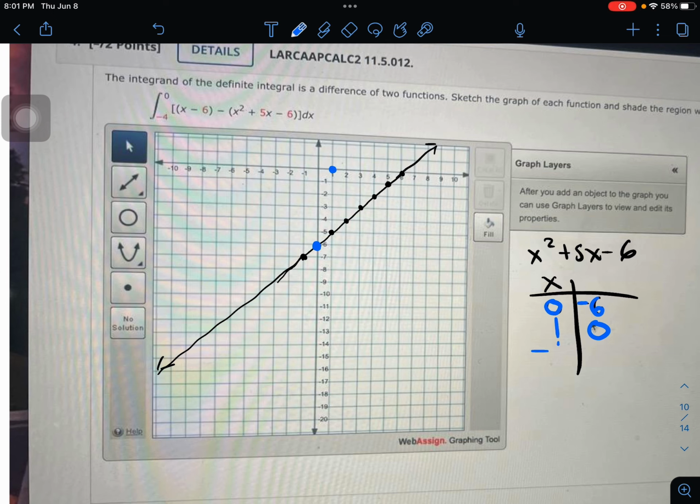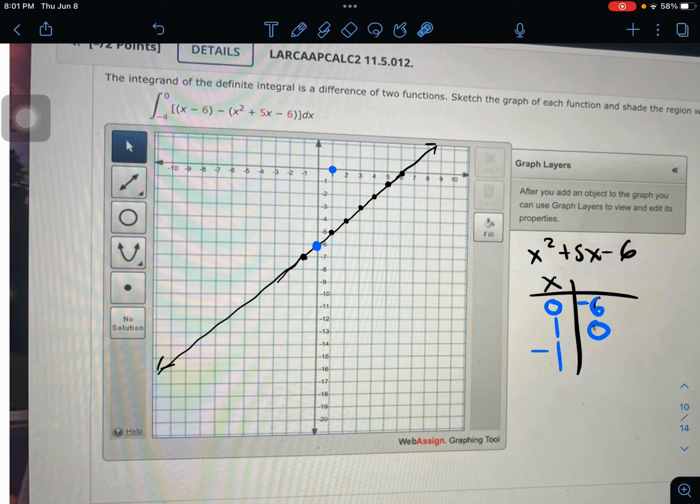And then I'll put a negative 1 in, because I know it's going to be symmetrical. Actually, yeah, this one should be symmetrical. If I put a negative 1 in, let me see, is that right? Maybe it's not. We'll find out here in a second. If I put a negative 1 in, negative 1 squared is 1. Negative 1 times 5 is negative 5. 1 minus 5 is negative 4.